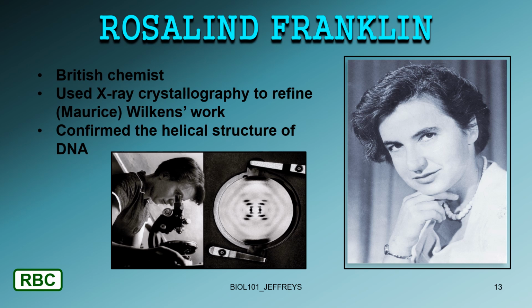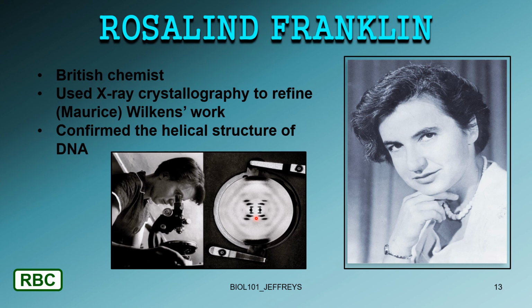Now, not to be forgotten, because often she is, Rosalind Franklin was a British chemist, and her specialty was X-ray crystallography. And she worked with a lab assistant, and they took these X-ray photographs of the structure of DNA. And Watson and Crick used her photographs to help them delineate the double helical structure of DNA.